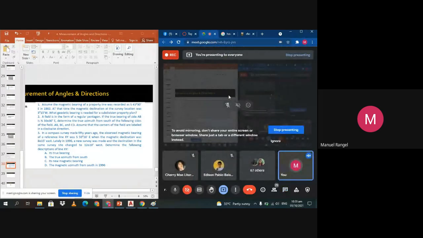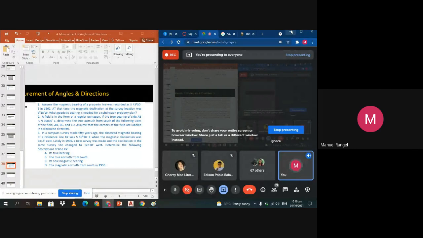Number 2: a field in the form of a regular pentagon, if the true bearing of side AB is north 30 degrees 30 minutes east. Determine the true azimuth from south of the following sides of the field: AB, BC, and CD. Assume that the corners of the field are labeled in a clockwise direction.